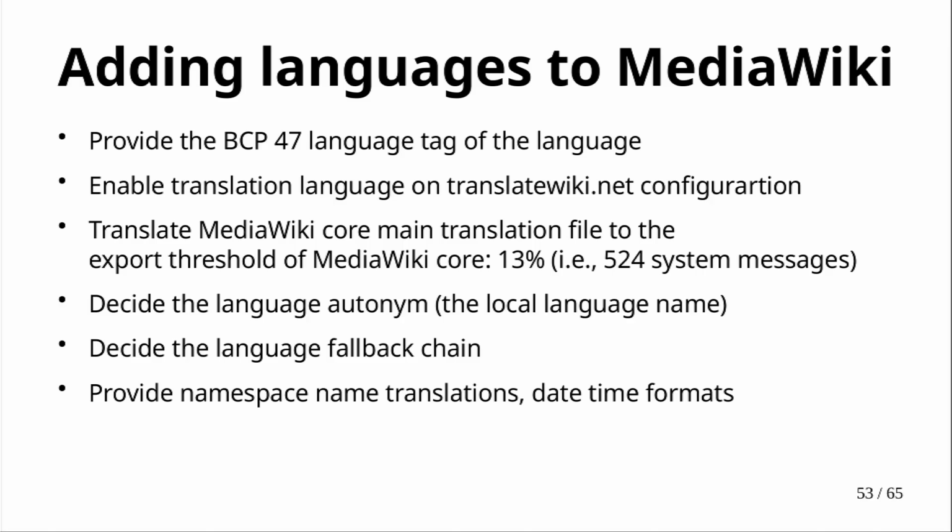So for example, in Mandarin traditional Han script, if we don't have a specific translation, it will first fall back to the simplified one. And then, because it is the end of the fallback chain, it will just fall back to English whenever possible. And we need to provide the namespace name translations and datetime formats. For example, how would you call help, project, or user in your language?